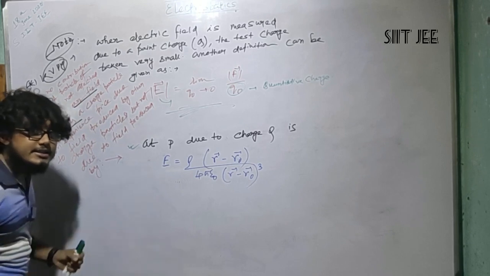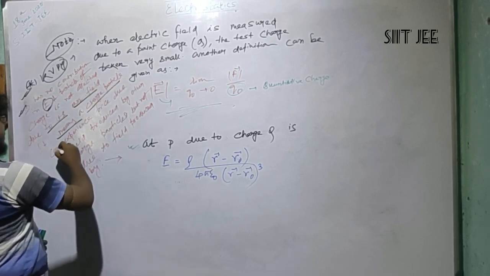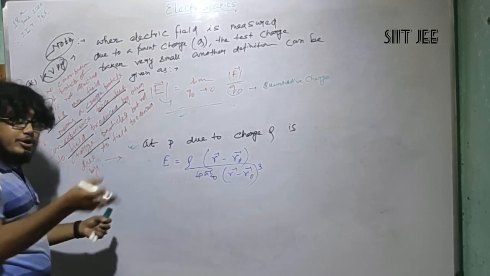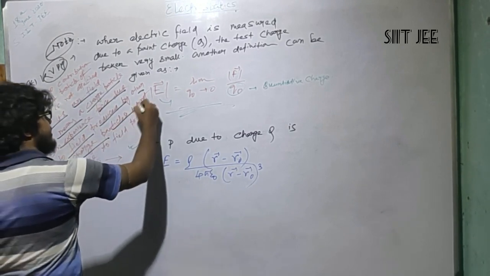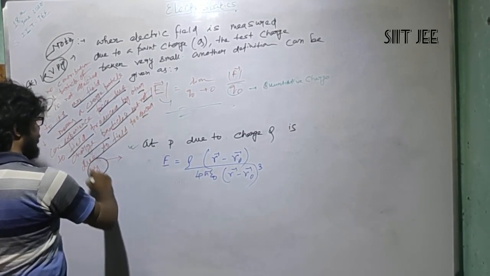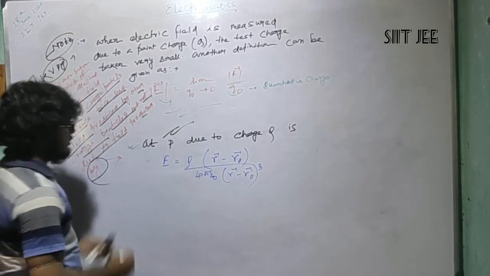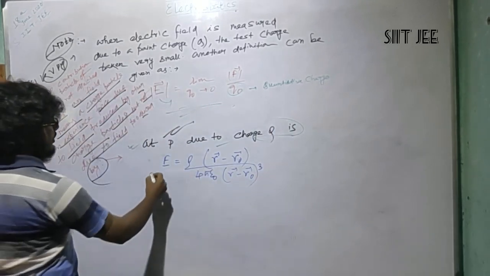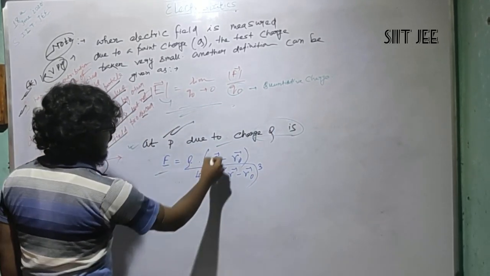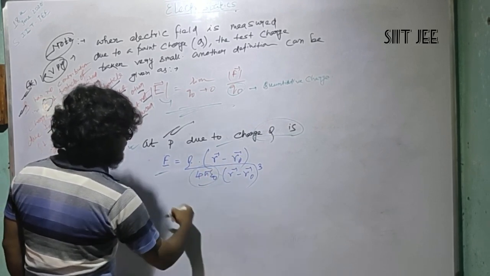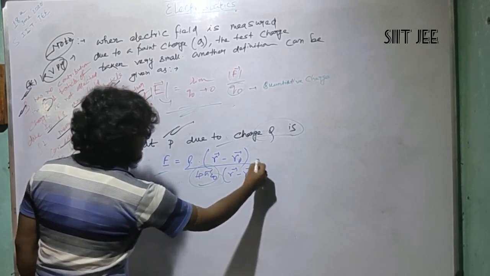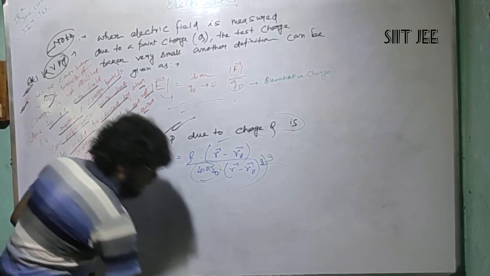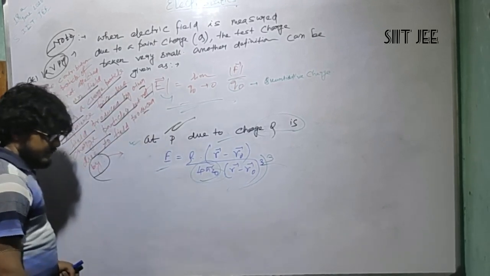It means a charged particle can experience force due to a field produced by other charged particles but not due to the field produced by itself. The electric field at P due to charge Q is equal to Q into R vector minus R0 vector divided by 4 pi epsilon 0 into modulus of R vector minus R0 vector cube.